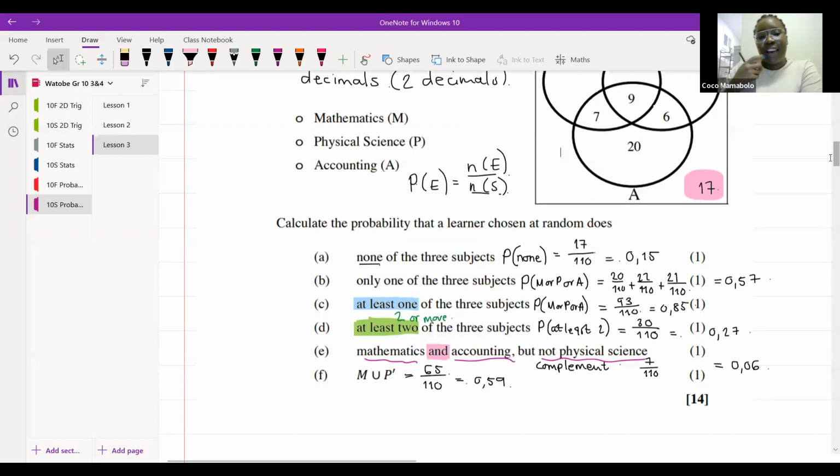They didn't specify that it has to be just the kids who are in the three subsets. They just said if you don't do physics. So everyone who does maths and everybody who doesn't do physics. So the 17 on the outside, they also don't do physics, so we must include them. Am I making sense? Yes, ma'am. Okay, cool. Excellent.